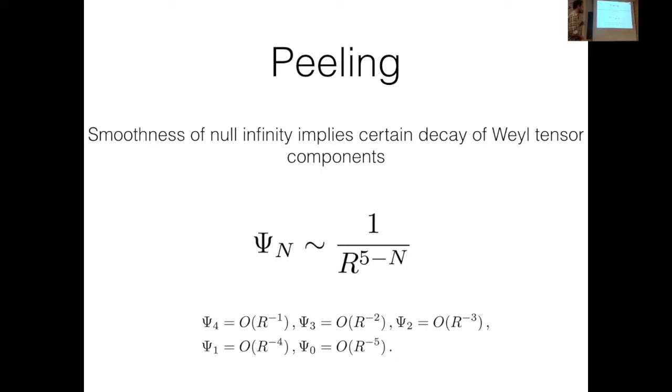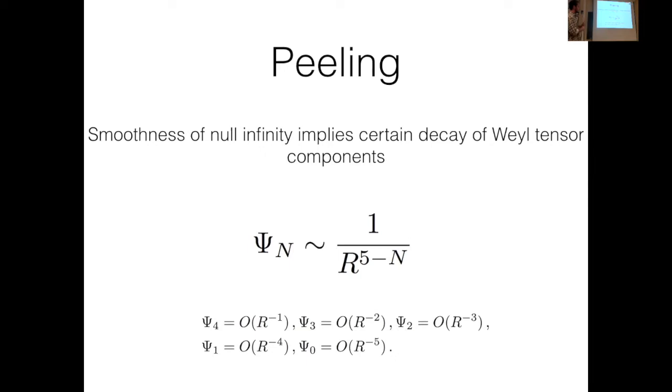So let's start with the concept of peeling. Requiring that null infinity is smooth implies a certain decay of the components of the Weyl tensor. Here, these capital Psi just denote certain components of the Weyl tensor, according to the work that Roger Penrose did on this many years ago.